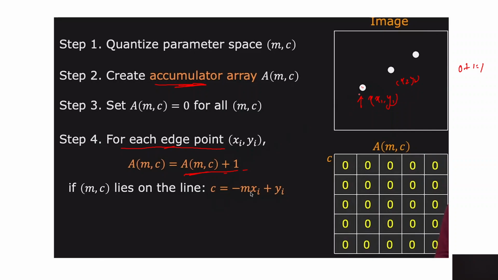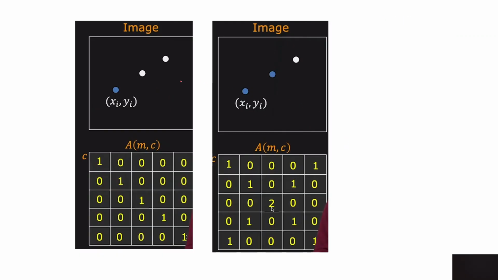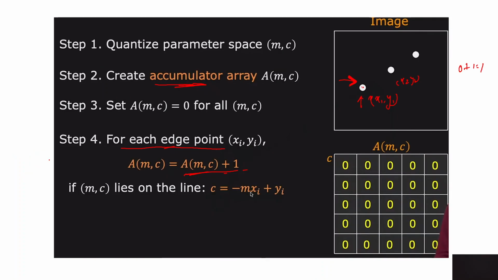So it is saying whenever we are getting a point, and if we are seeing a line, we'll just update the value and add 1. For example, for this point there will be a line in this space. For this point, this is the line. Now we have incremented it with 1. As simple as that.